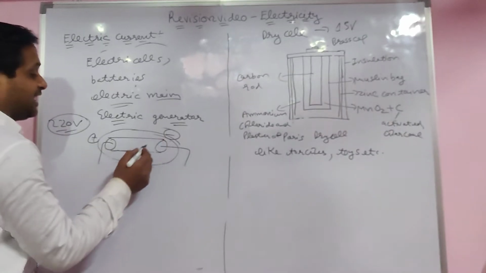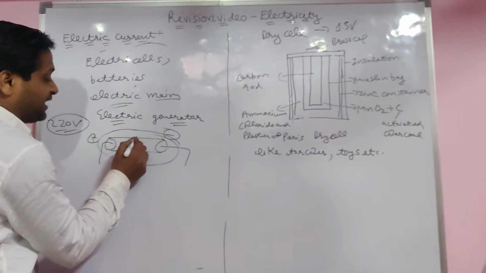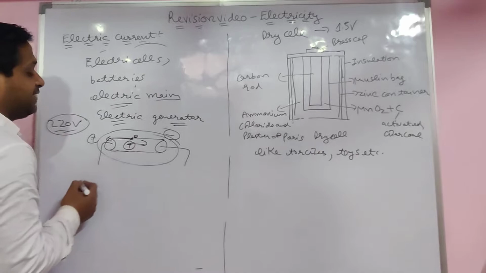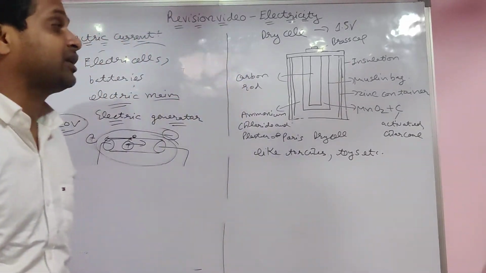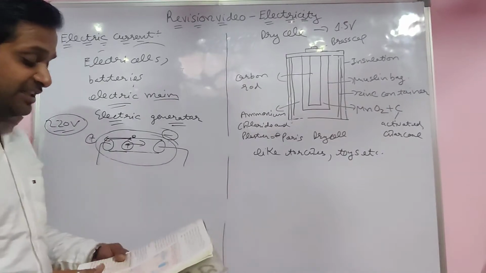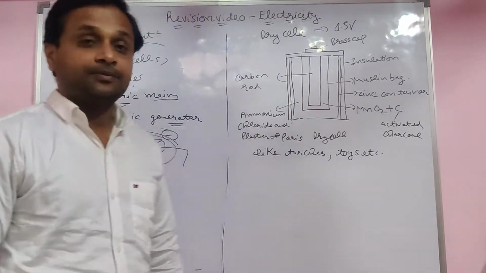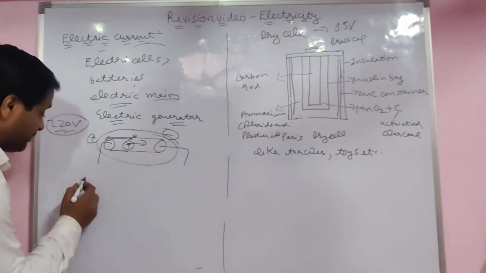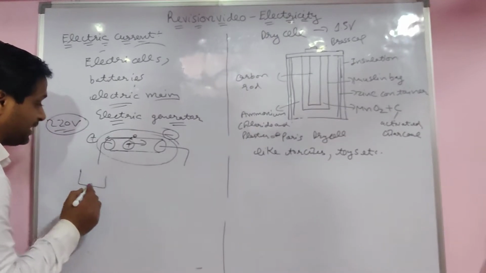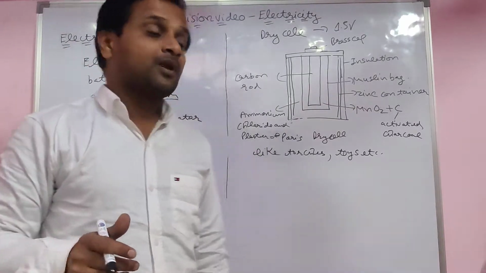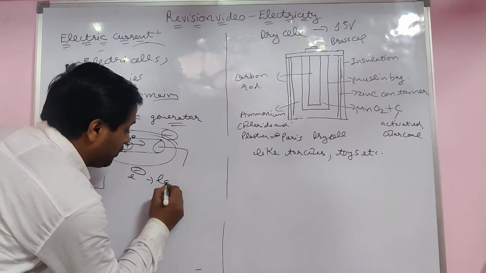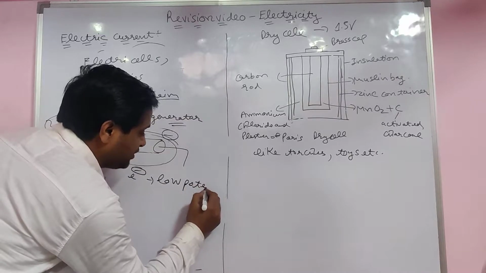When you get positive and negative, electrons move toward positive and positive moves toward negative. The flow of charge is called electric current. Keep in mind, electrons always move from low potential to high potential.